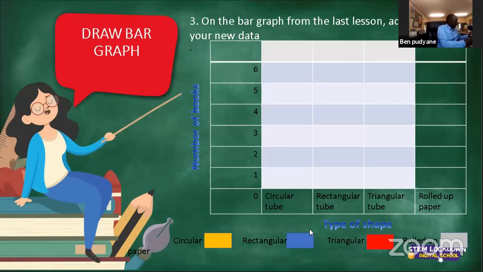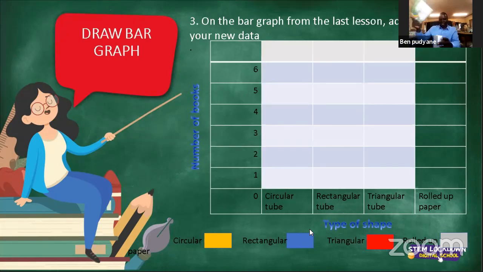Okay, now I have my tape because I want to be fair. I want to be fair, not cook the numbers, because if I cook the numbers, it means I am cheating you. Now I've got the circular one here.